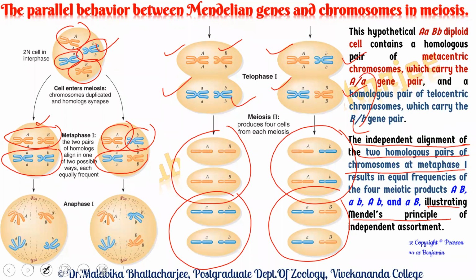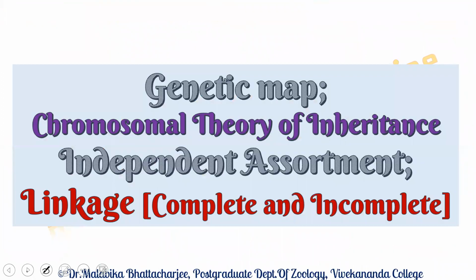Now we move on to our main topic. Let's first start with the genetic map. But before the genetic map, I'll be showing you the conceptual thing, because we are getting into complete and incomplete linkage. We'll be seeing how independent assortment can be compared with complete and incomplete linkage.